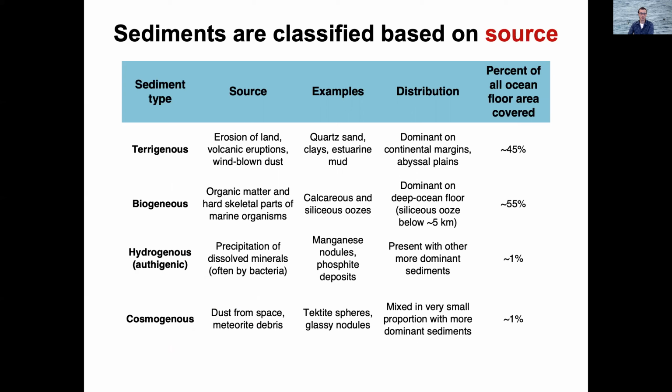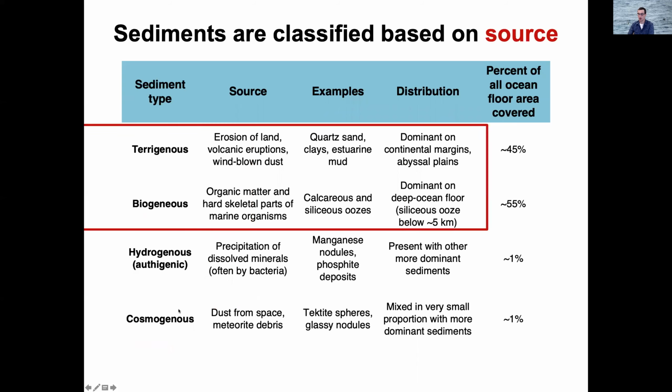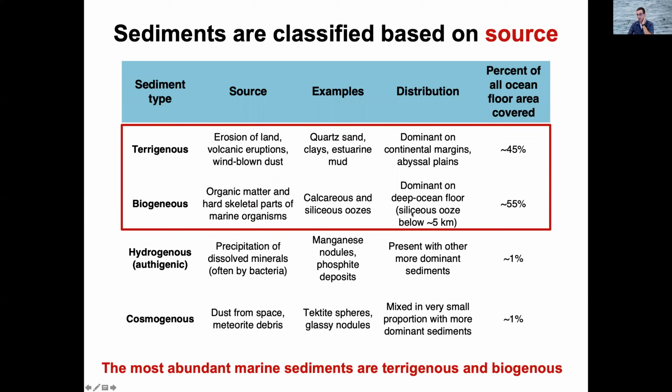Okay, so when we're talking about source, we have terrigenous, biogenous, hydrogenous, and cosmogenous, as I mentioned. Terrigenous and biogenous sediments make up the vast bulk of marine sediment. Almost 100% of marine sediments are terrigenous and biogenous, whereas hydrogenous and cosmogenous are only about 1% or less each.